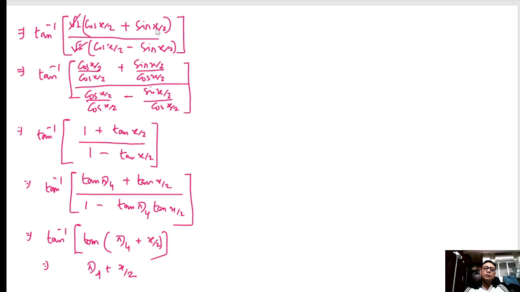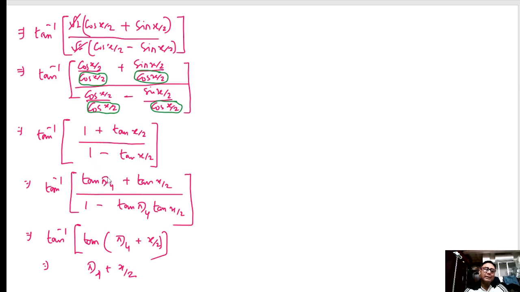So cos x by 2 plus sin x by 2 by cos x by 2 minus sin x by 2. Now what are we dividing? We are dividing the up by cos x by 2, as you can see here, and we are dividing the down by cos x by 2. So this becomes 1, this becomes tan x by 2, this becomes 1, this becomes tan x by 2.